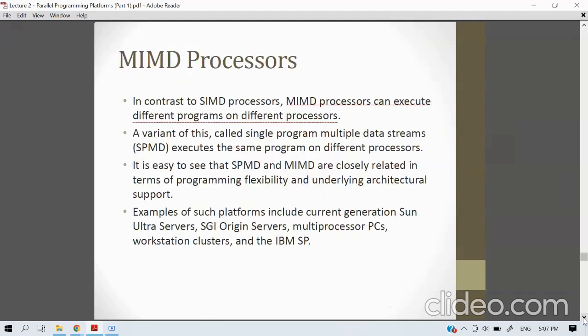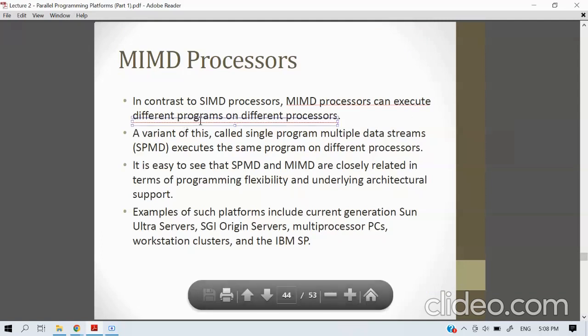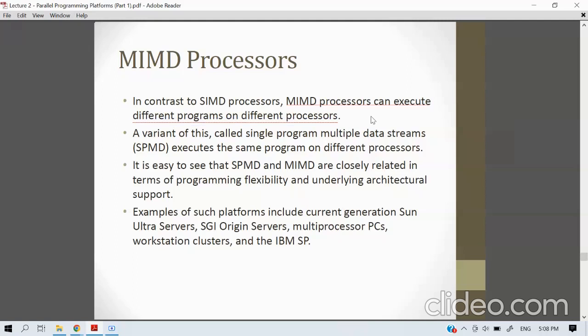Okay, so let's proceed to the MIMD processes. Actually, MIMD is the counterpart of SIMD. It can execute different programs on different processors: multiple instruction, multiple data stream. A variant of MIMD is called SPMD, also known as single program multiple data stream, which executes the same program on different processors.